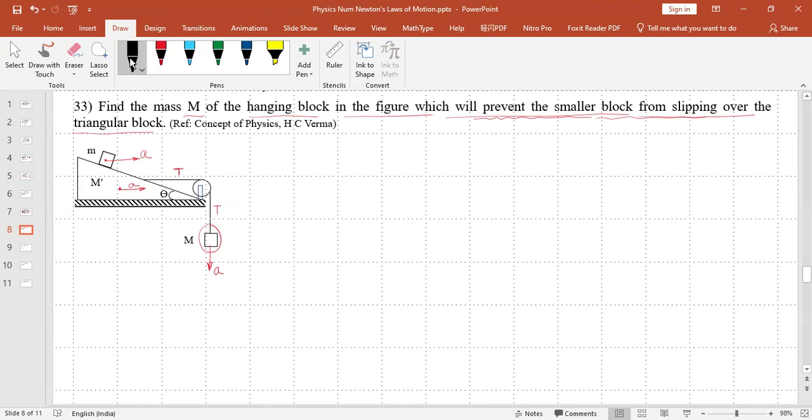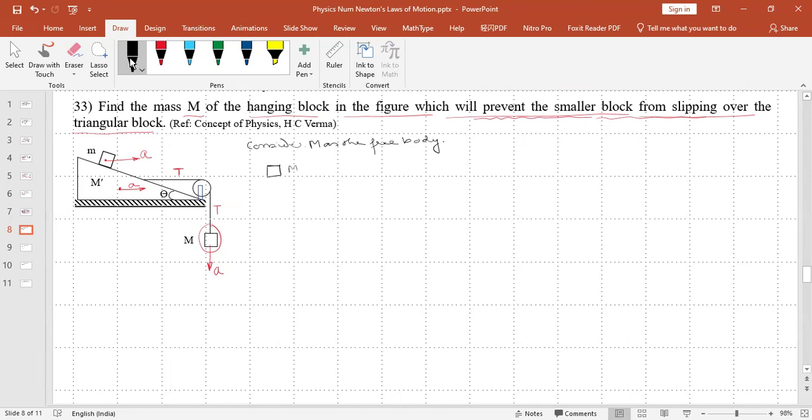We first consider capital M as the free body. Then what are the forces? We find the forces on it.